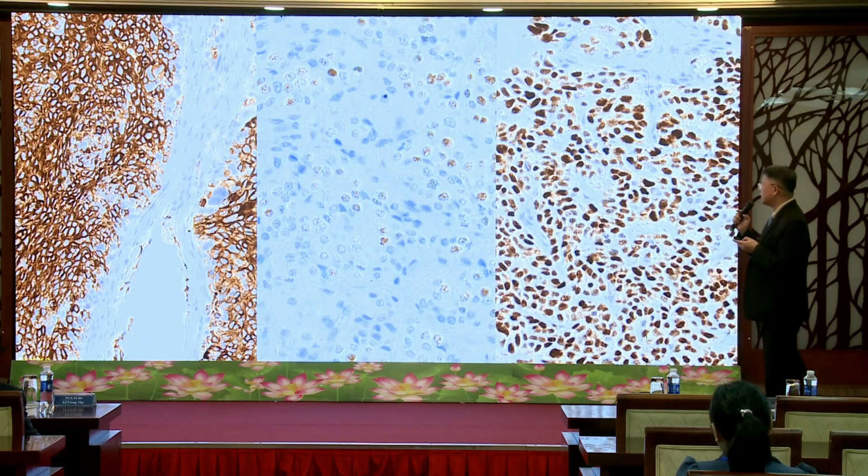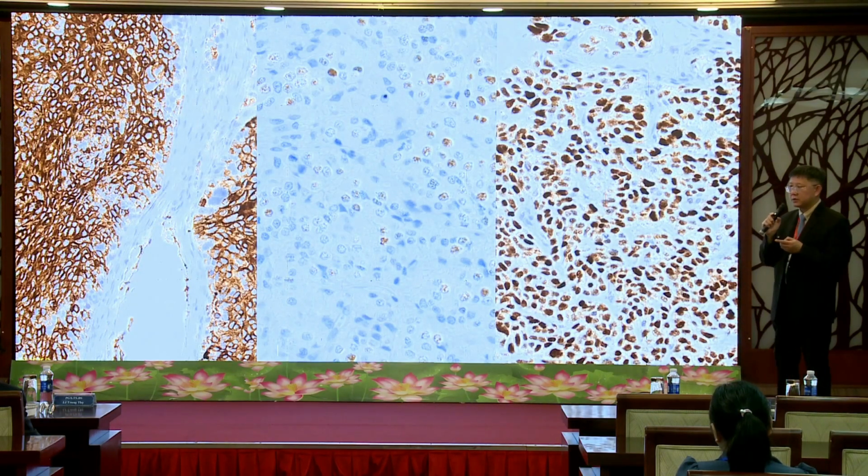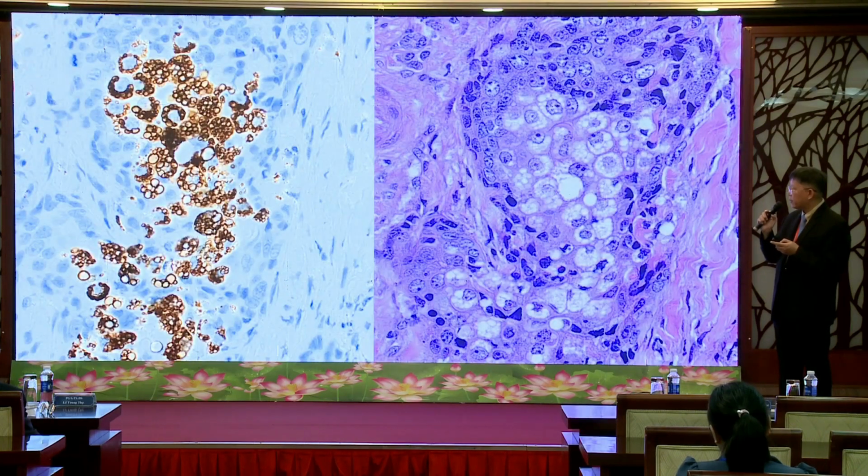Okay, so we did immunohistochemistry. This is EMA, androgen receptor, GATA3, and adipophilin. The adipophilin has a very typical staining pattern, which is a membranous, multi-vacuolated pattern of staining.